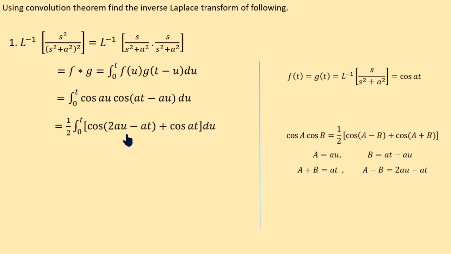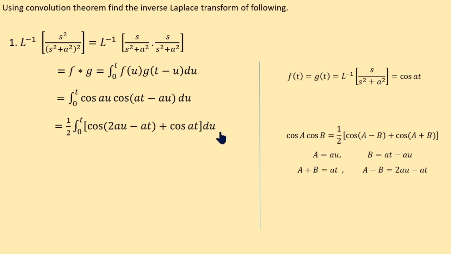Now when you are integrating with respect to u, cos a u integration is sin a u by a. Here the coefficient of u is 2a, therefore divided by 2a, but cos a t is constant. When you integrate with respect to u, cos a t is constant.